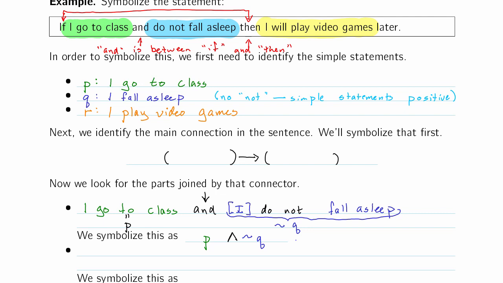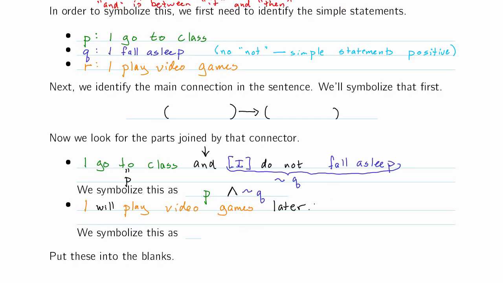What do we have after the main connector? So after the then, we have I will play video games later. Now the will and the later don't do anything in the logic. They just tell us about time, which we're not interested in. I play video games.